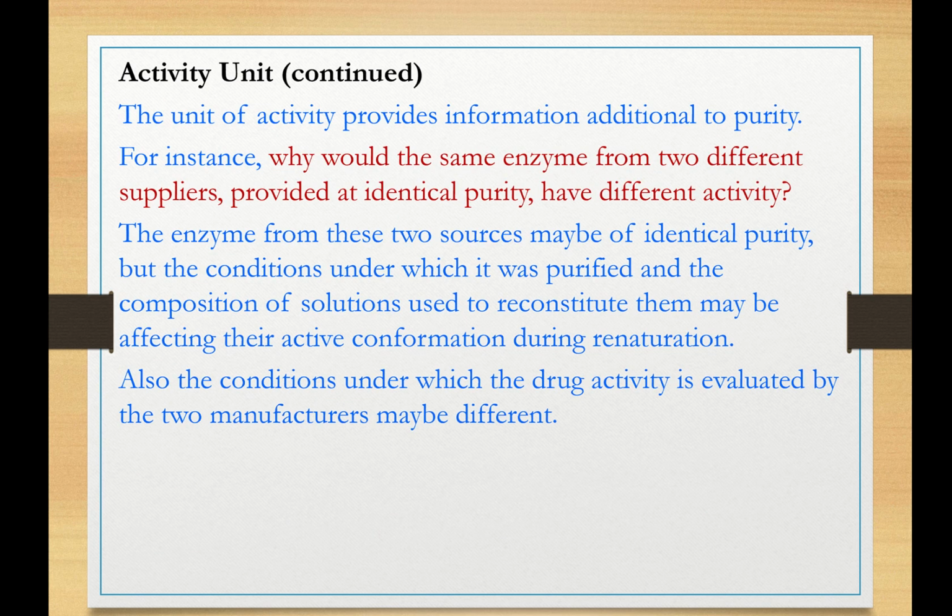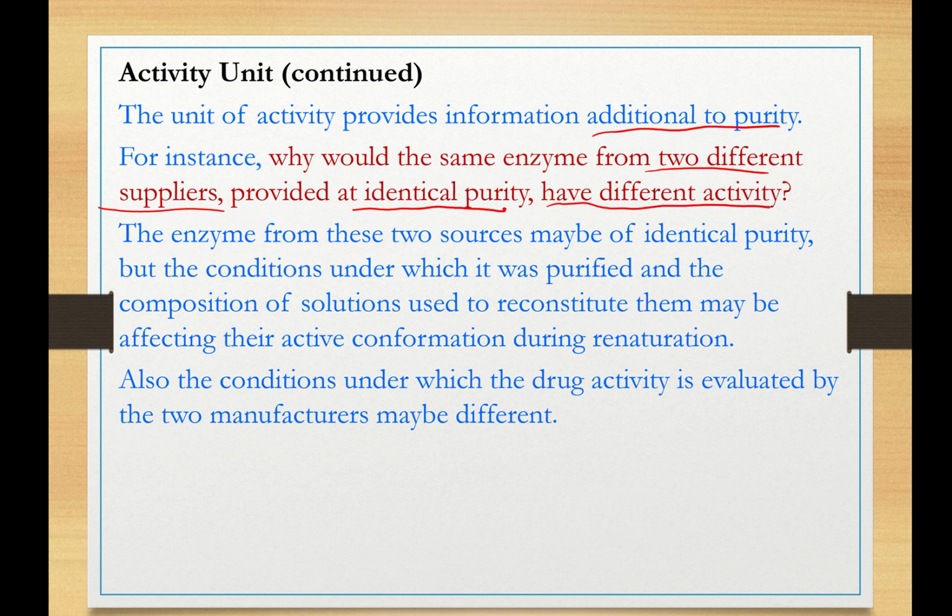Now we have to be careful with the unit of activity as it provides information additional to purity. For instance, it may happen frequently that you would buy the same enzyme from two different suppliers, and the specification describes an identical purity of that molecule, but they do have very different activities.